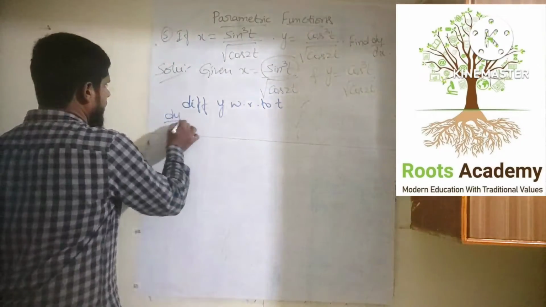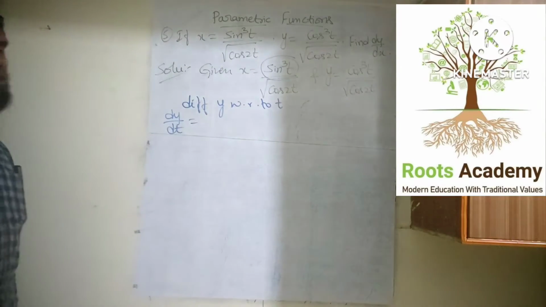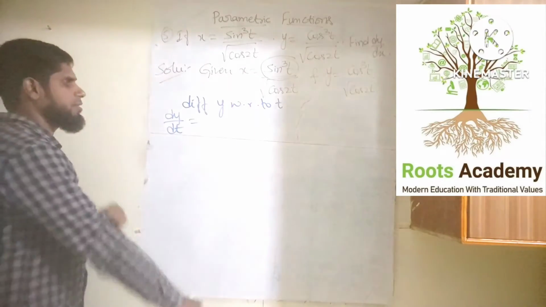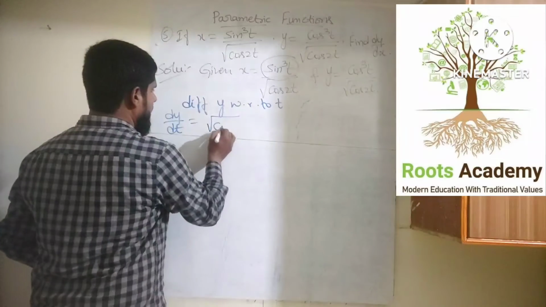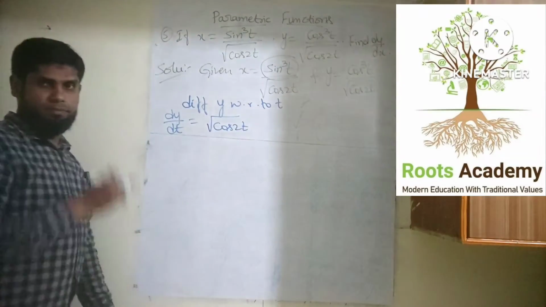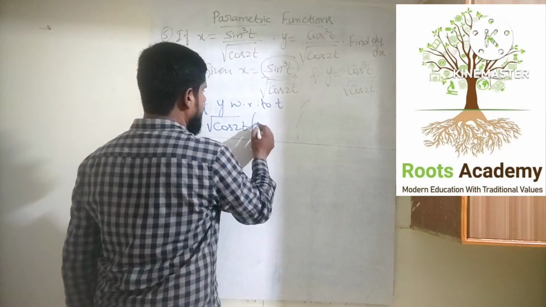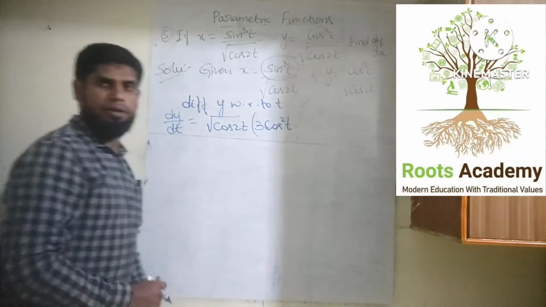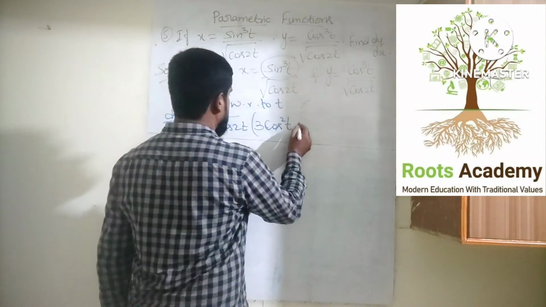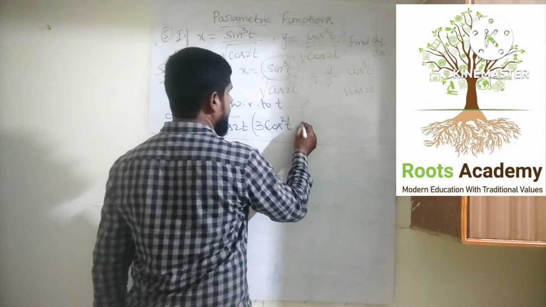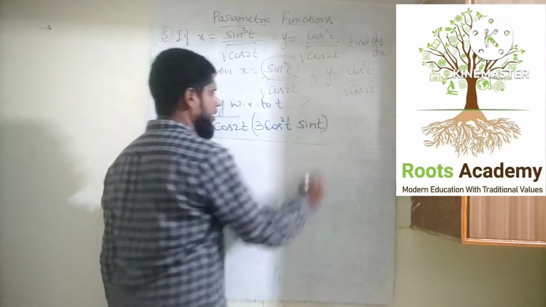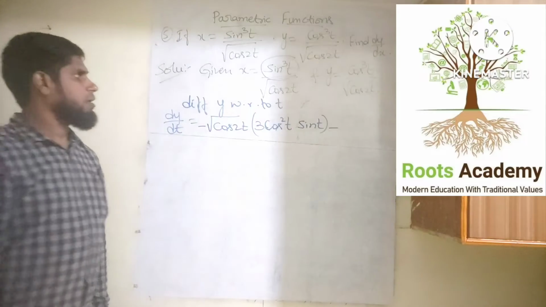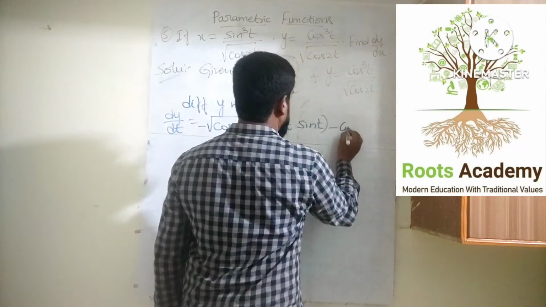So dy by dt is equal to the quotient rule, same as we differentiated x with respect to t. So first denominator cos 2t, derivative of cos cube is 3 cos square t into derivative of cos, which is minus sin t, minus of cos cube t as it is.